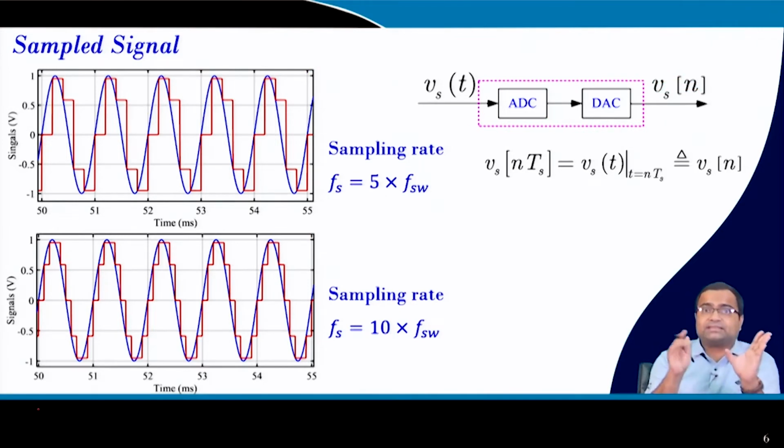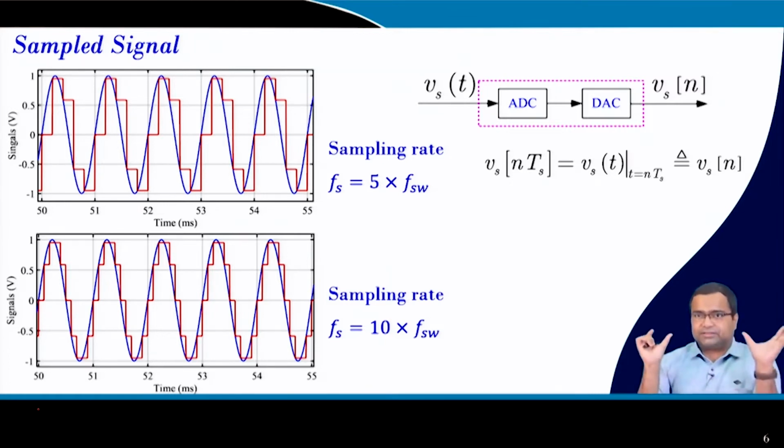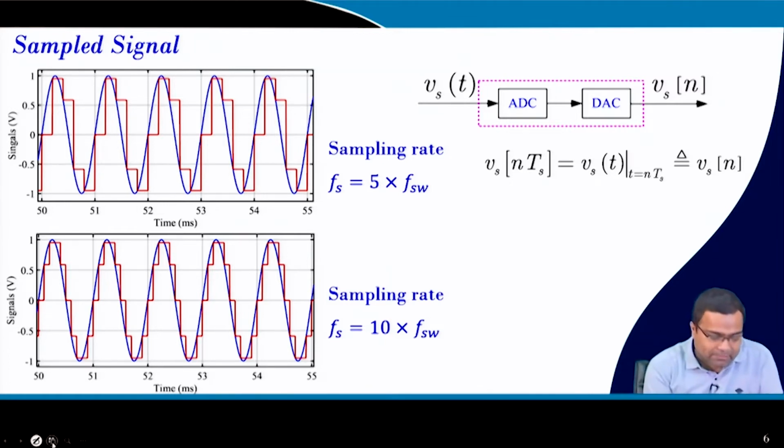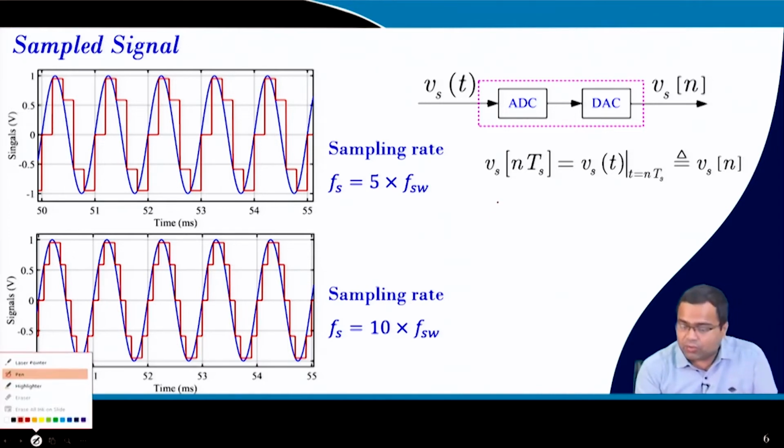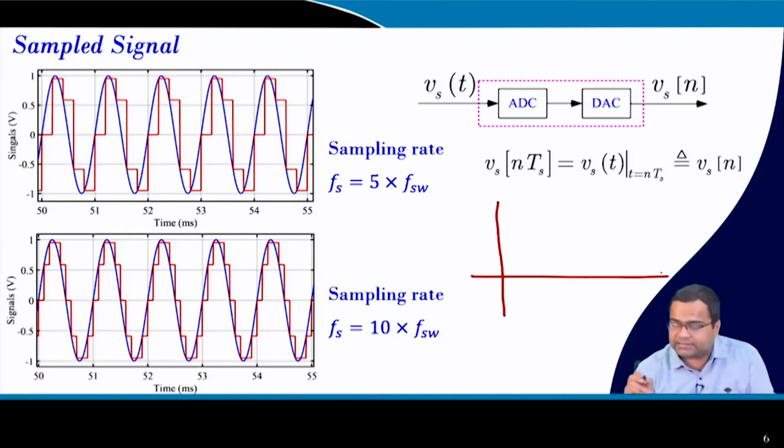Even if you want to sense a periodic signal, the sensor can have some uncertainty, and the distortion in the sensor can also add to this kind of variation. As a result, after sensing the signal, we will get something like a band limited signal.